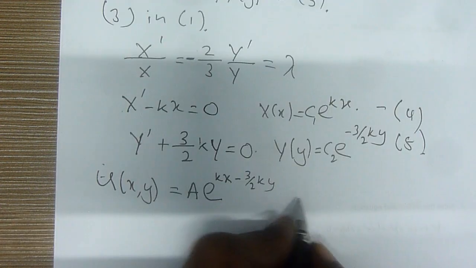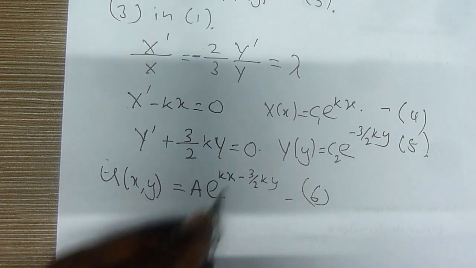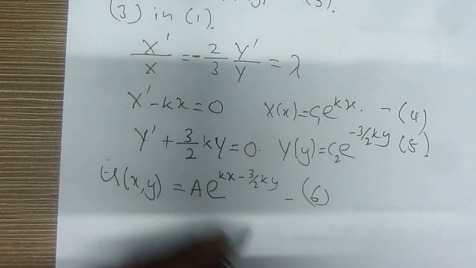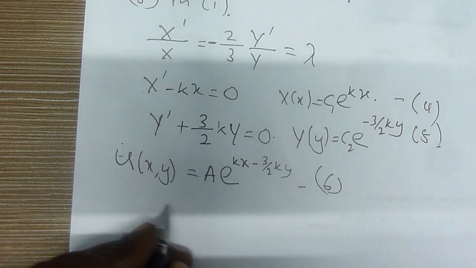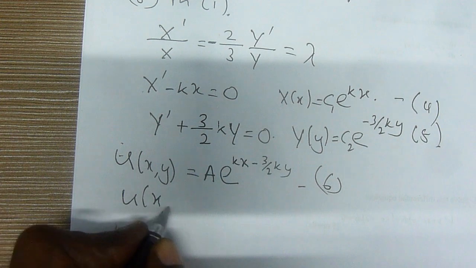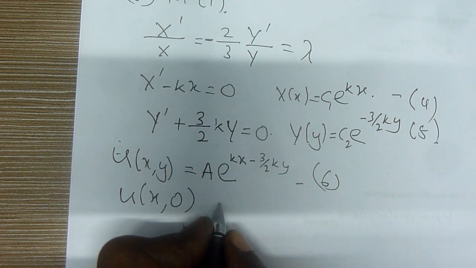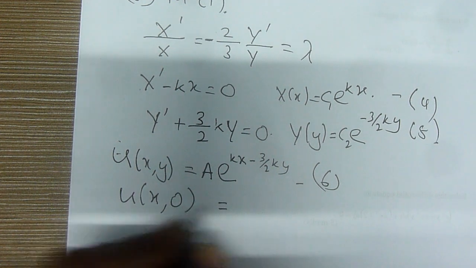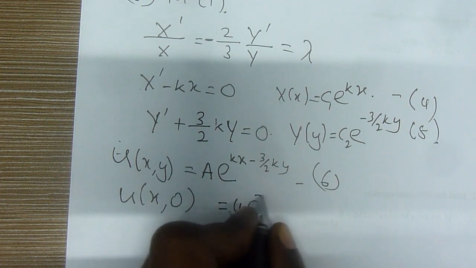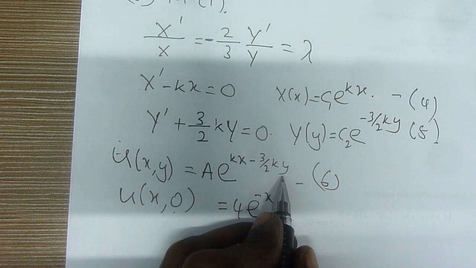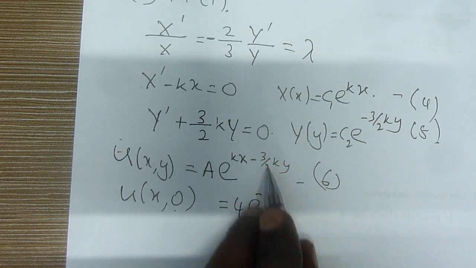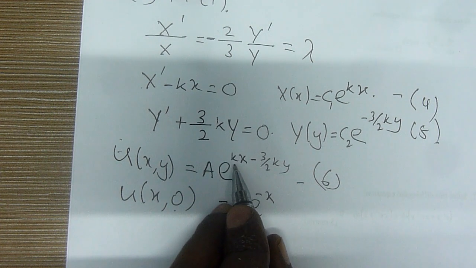Now this one is number 6. Therefore, number 2 in number 6: when I place number 2 in 6, at x equals 0, y equals 0, I get A e^(kx), where the condition is 4e^(-x).